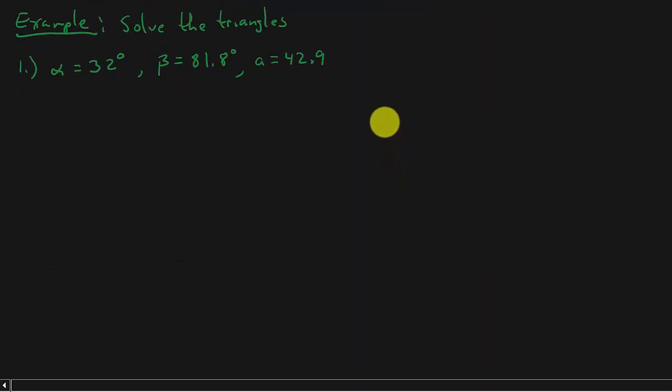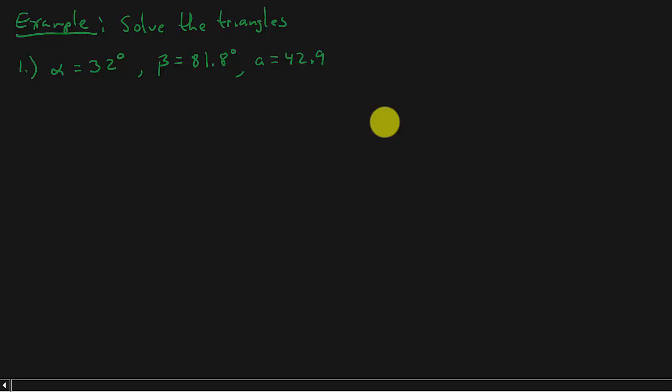So whenever you're solving a triangle, never, ever use the law of cosines. Never use the law of cosines. Now you might be thinking, well then why do we have the law of cosines if I never use it?